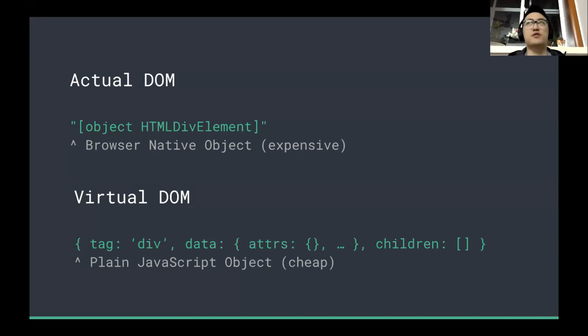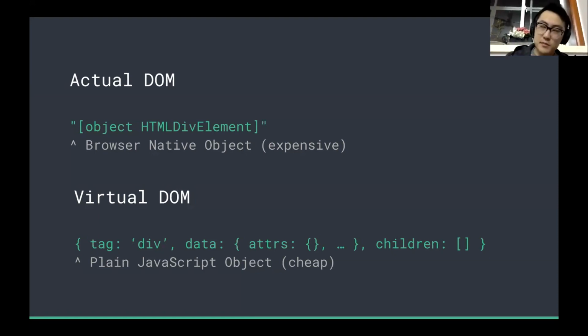They're expensive to even access, because whenever you try to access a native object in the browser, you are essentially crossing the boundary from pure JavaScript land into native C++ land, and that has a cost. Even just accessing the native DOM has a cost. And mutating it or creating these DOM elements is much more expensive than creating and mutating plain JavaScript objects, because you just stay in pure JavaScript land and you never have to cross the bridge.